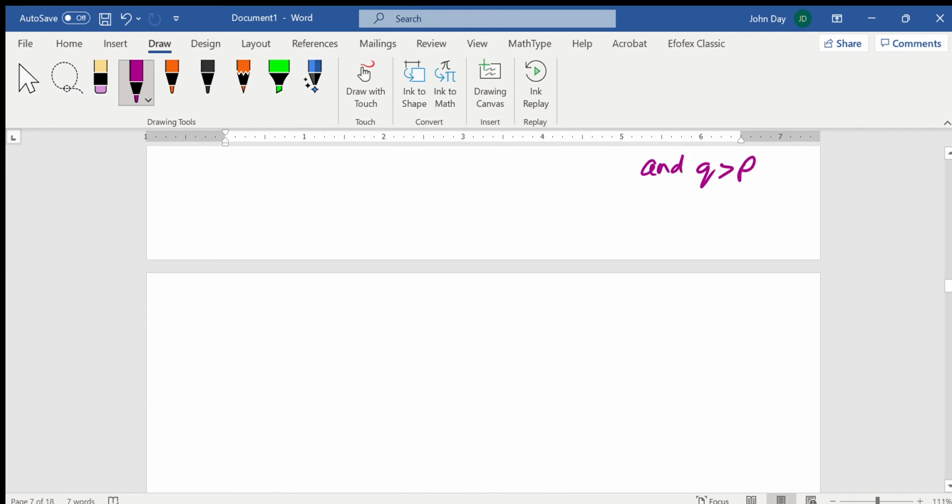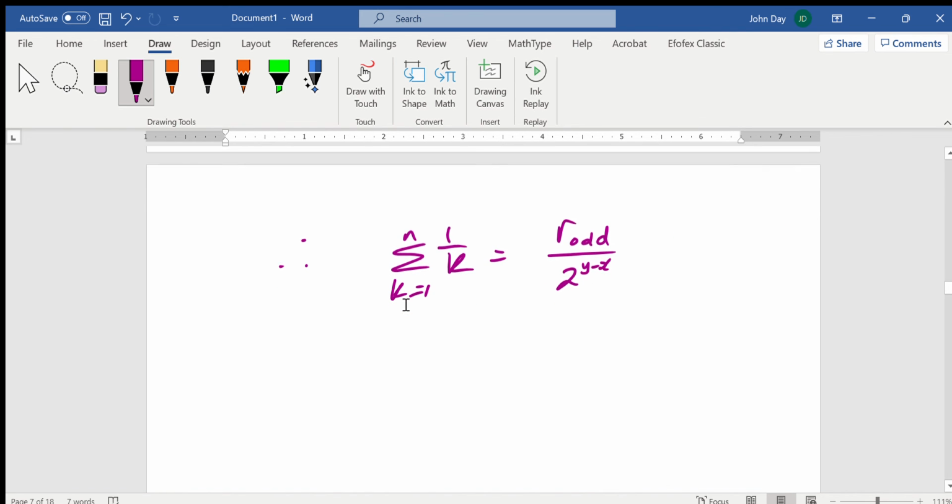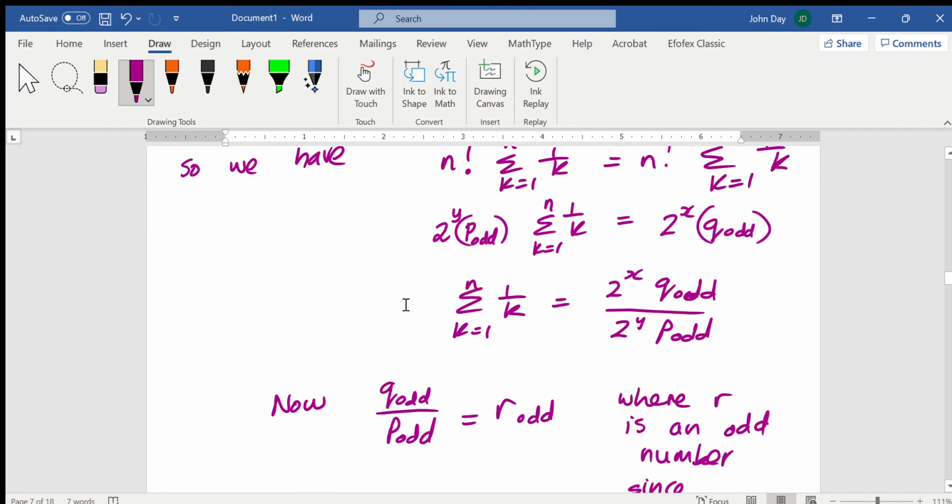So we end up with this summation that we're after equals some odd number r on 2 to the y minus x. Is that right? Yes, because it's on the bottom of the fraction.